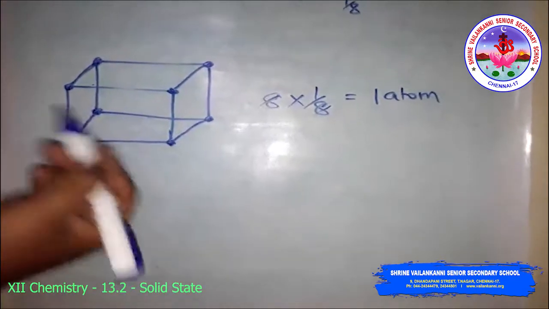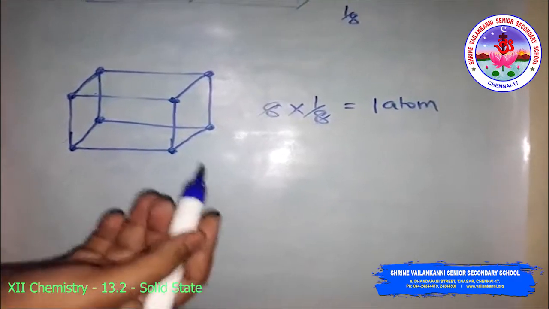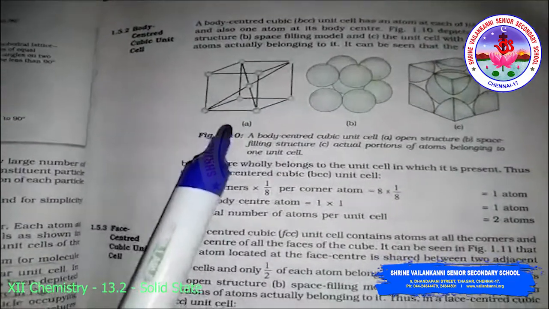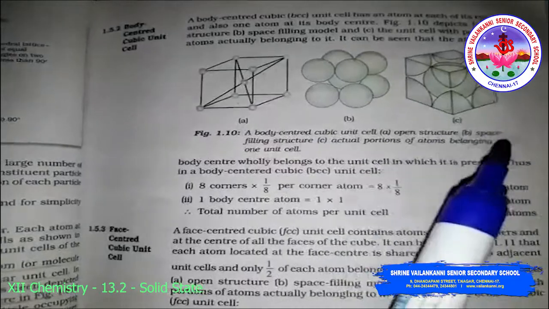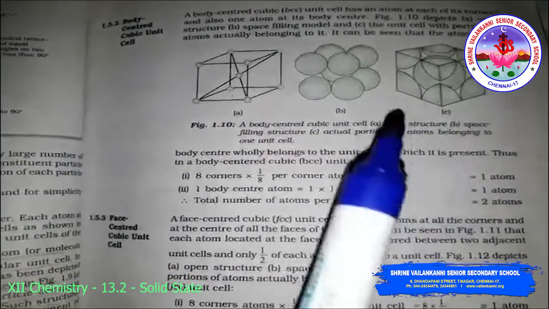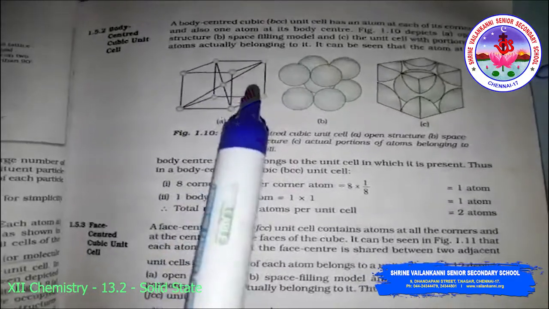Next is the body centered cubic unit cell. Look here, the same way we follow the open structure, space filling structure, then the actual portion of the atoms belonging to one unit cell. Here the body centered cubic unit cell has an atom at each corner.